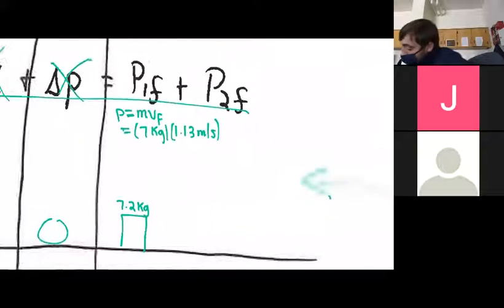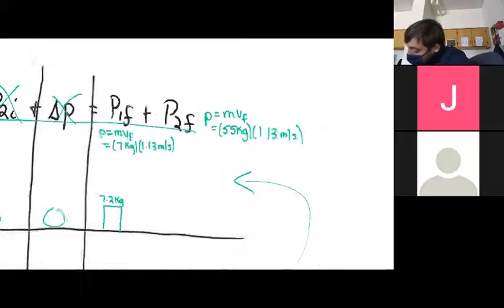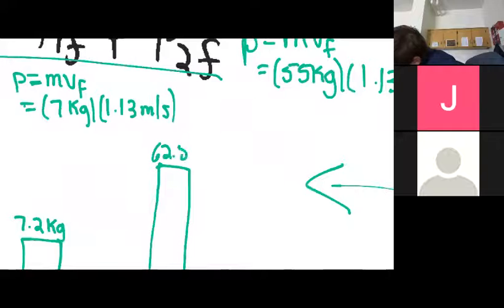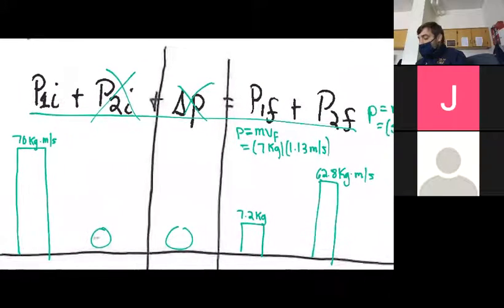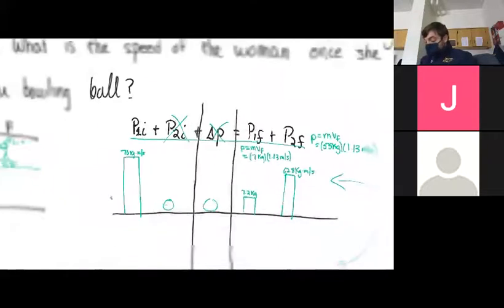And then I can do 55 kilograms for the woman on the skateboard times that 1.13 meters per second, and I get 62.8 units of momentum. So now I am done. And once I double check myself, if the left side plus the middle equals the right side, I'm good to go. And I know I've completely done the problem.